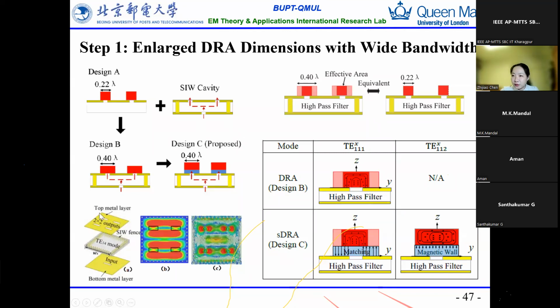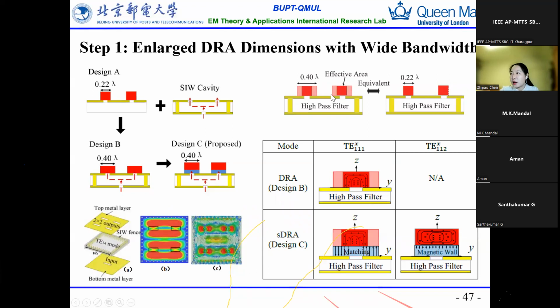Just for example, these 2x2 slots are surrounded by the SIW cavity, and this cavity has certain modes which act like a high pass filter.